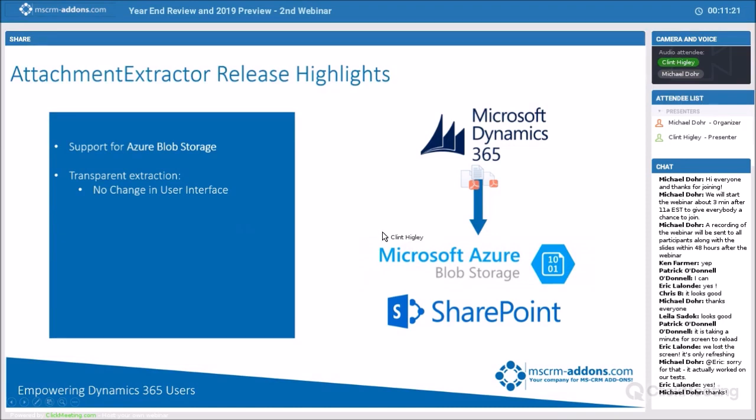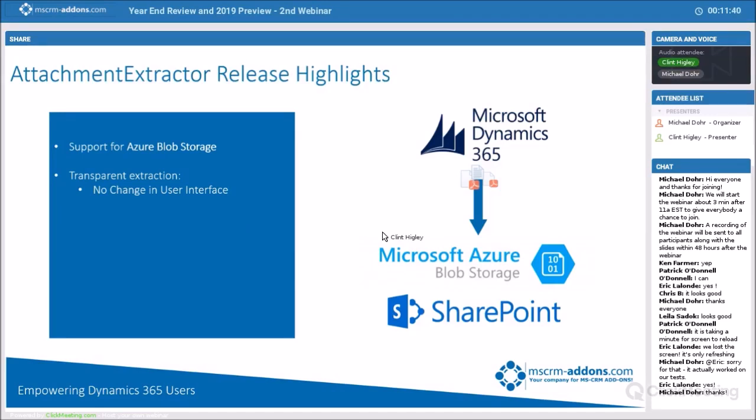The other thing about it is our new transparent extraction. Basically, if you are an old user of Attachment Extractor, you've seen it before. When an attachment was extracted, it would be the name of the attachment plus the file extension plus a .url.